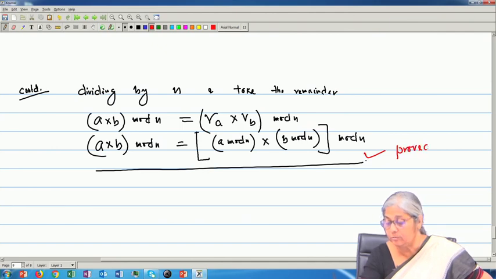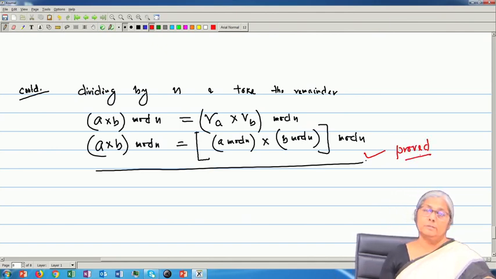But see, we cannot do this for the division property.